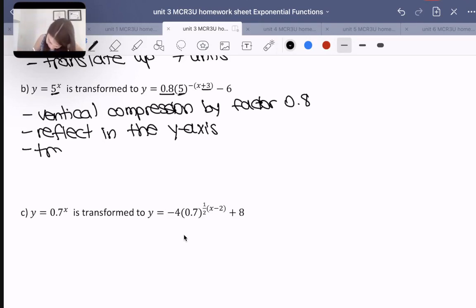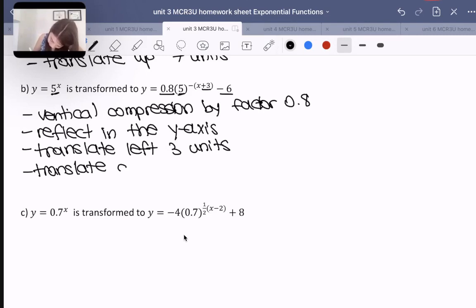So translate left 3. And then minus 6 is translate down 6 units. Good.